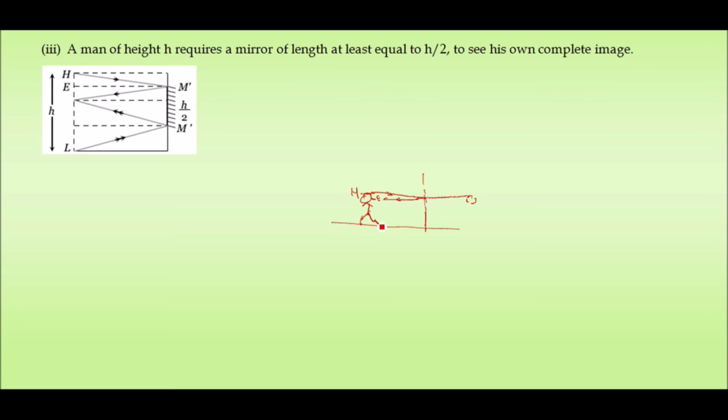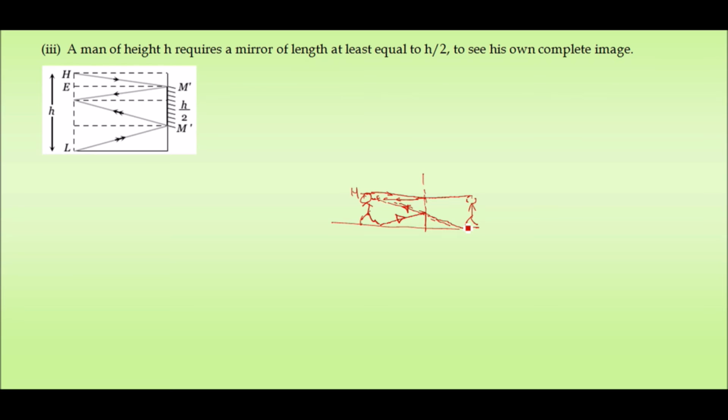Now you have to see what the height of the mirror is. The light ray comes from his leg and it has to reach his eye. So this is the light ray.